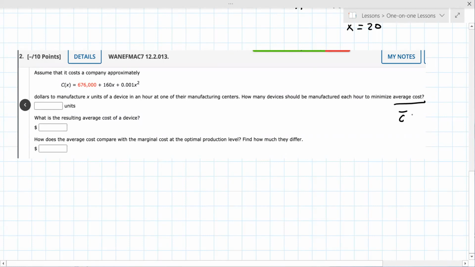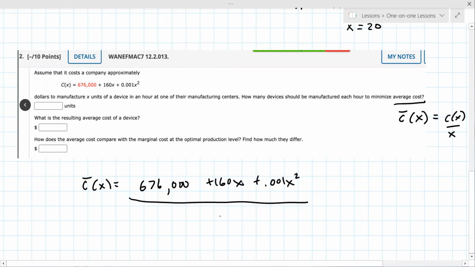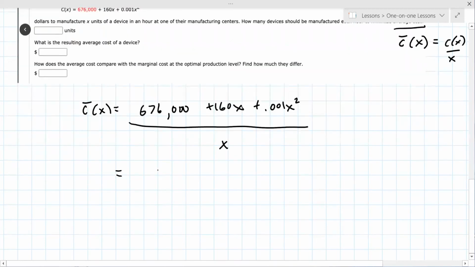That's written as the C bar of X, and it's the cost function divided by X. You divide every single one of these terms by X. So your C bar equals 676,123 plus 160x plus 0.001x squared, all divided by x. And you end up getting 676,123 over x plus 160 plus 0.001x.